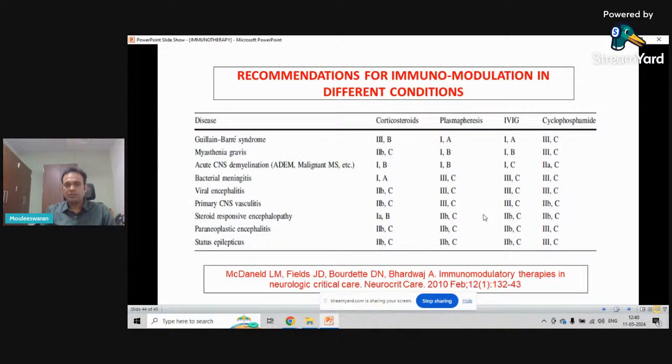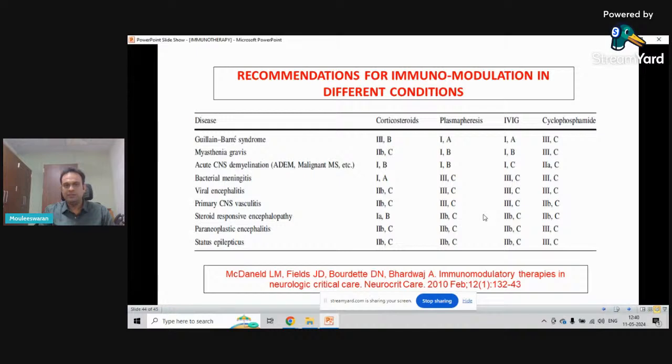So coming to the recommendation of different forms of immunomodulation, in Guillain-Barré syndrome, both plasmapheresis and IVIG are recommended as class 1 recommendation, and in myasthenia gravis also, both are recommended as class 1.